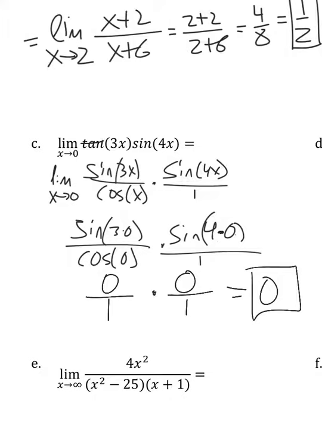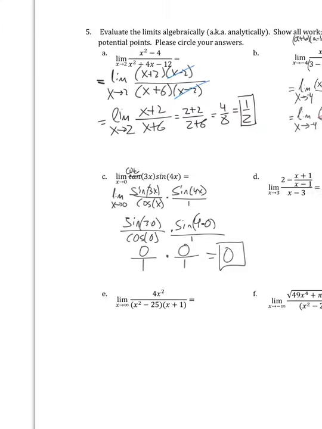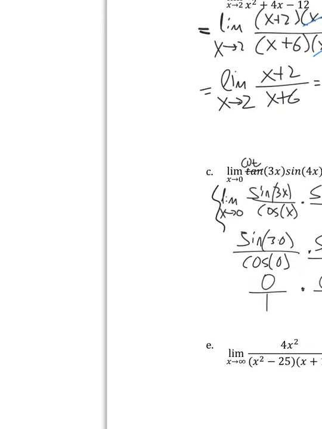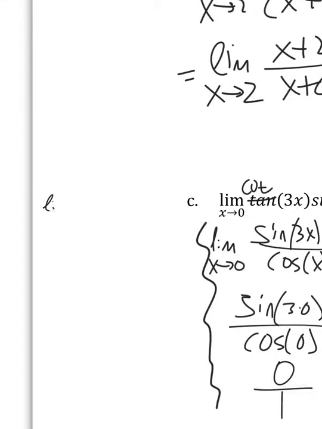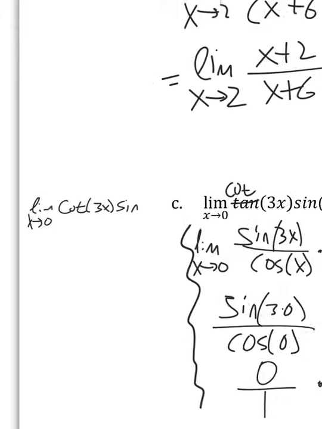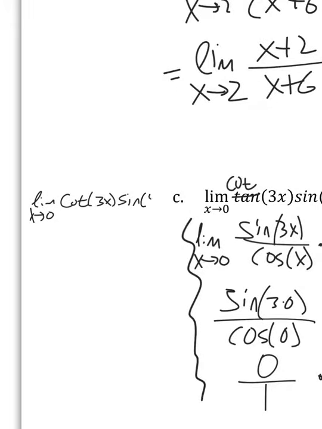what would be a more interesting problem is if this is cotangent. And if that's cotangent, then we have a little different situation here. And so let's do that real quickly. The limit as x goes to 0 of cotangent of 3x times sine of 4x.